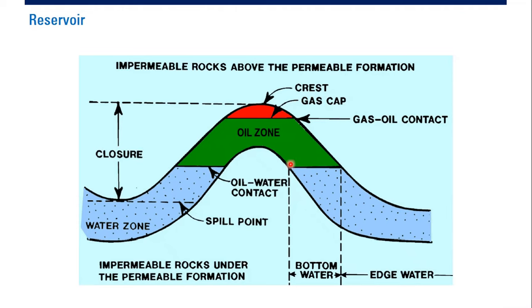And then the distance between the crest and the spill point, we call it closure. Here we have bottom water, because the water is at the bottom of this oil zone. And here we have edge water because the water is at the edge side.